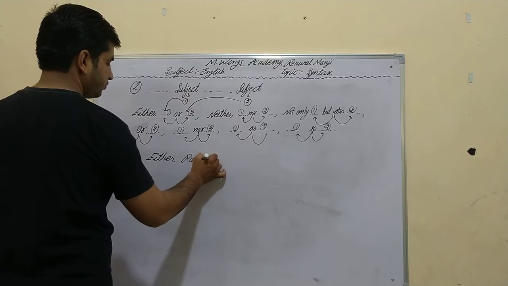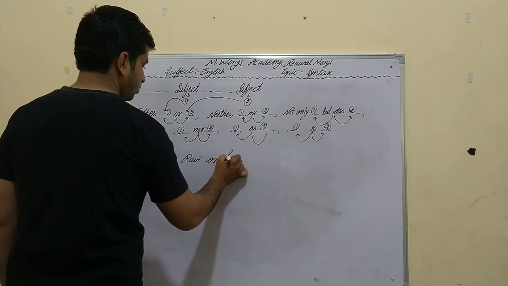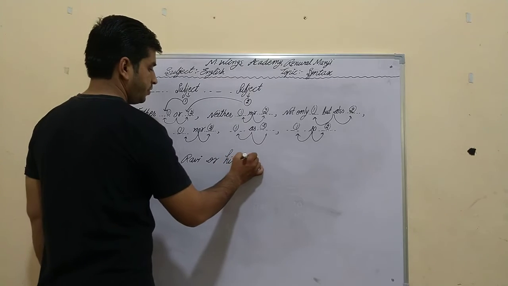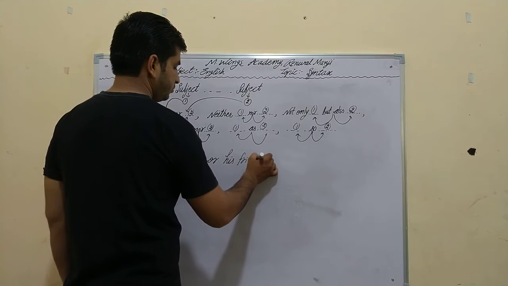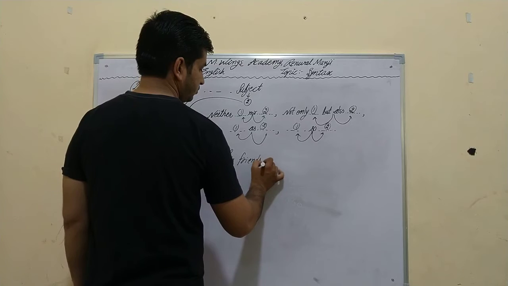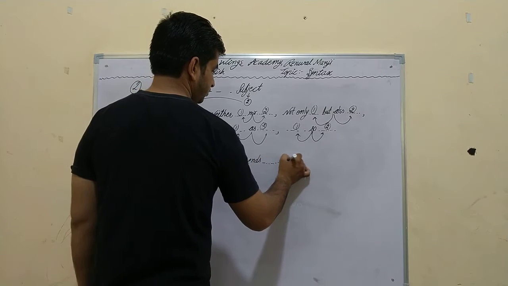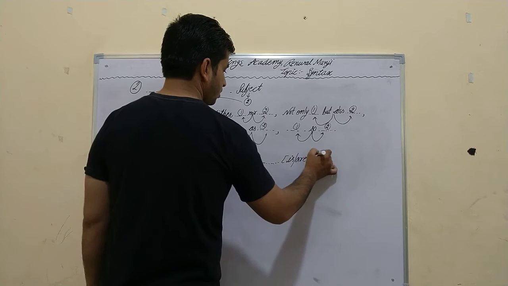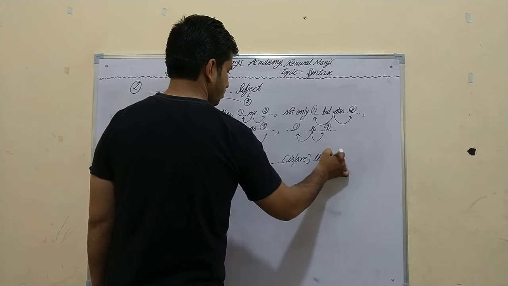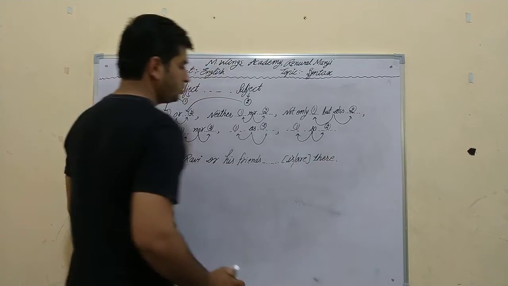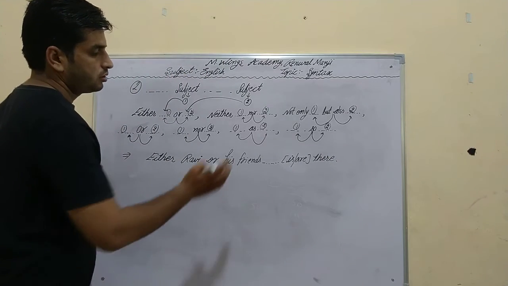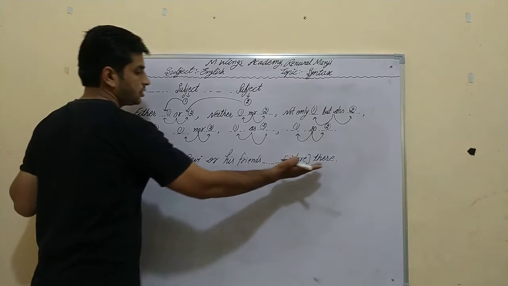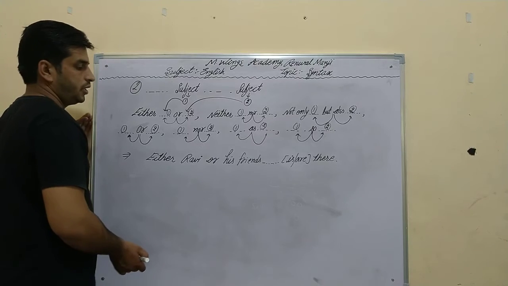For example, either Ravi or his friend is, otherwise are, and we have the options is, are in the bracket at the end of the sentence.